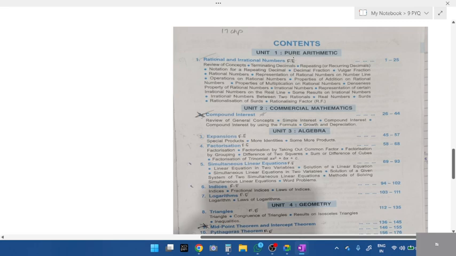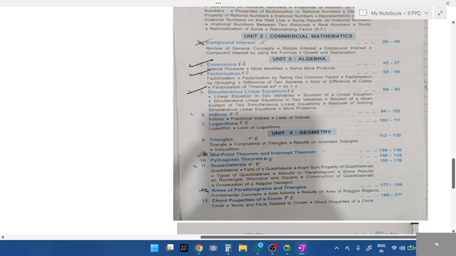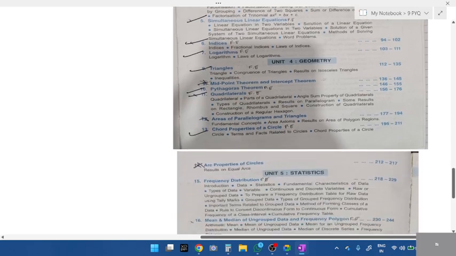I think this is the FP final exam, right? First chapter, next: expansion, factorization, then indices and logarithm. Triangle, then quadrilateral, right? Then we have chord property, correct?